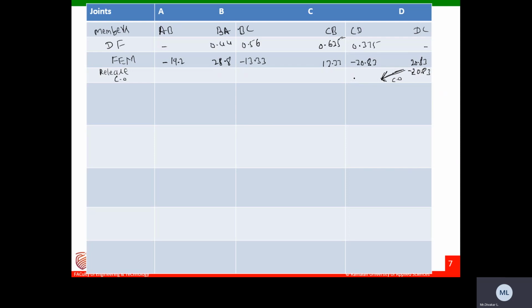Minus 20.83 means minus 10.41 will be carried over to the next one.